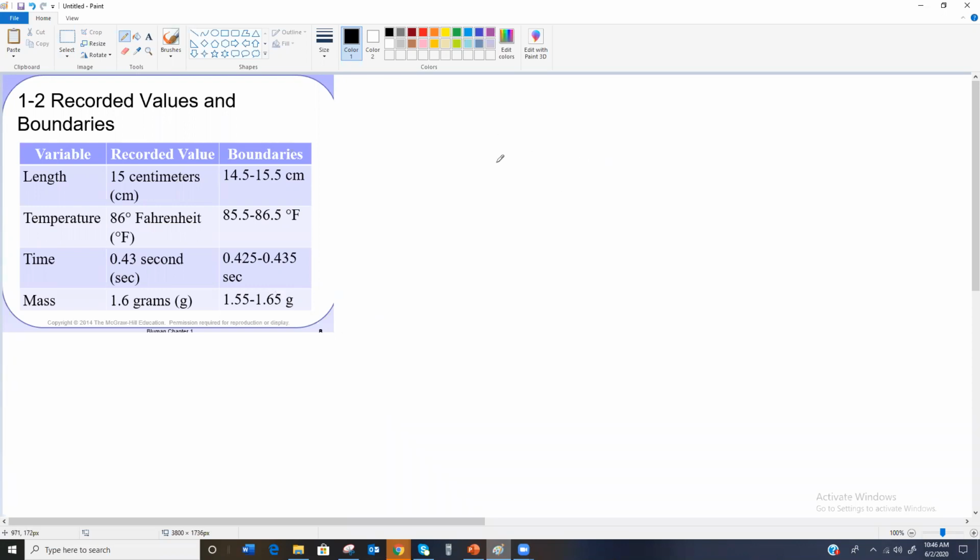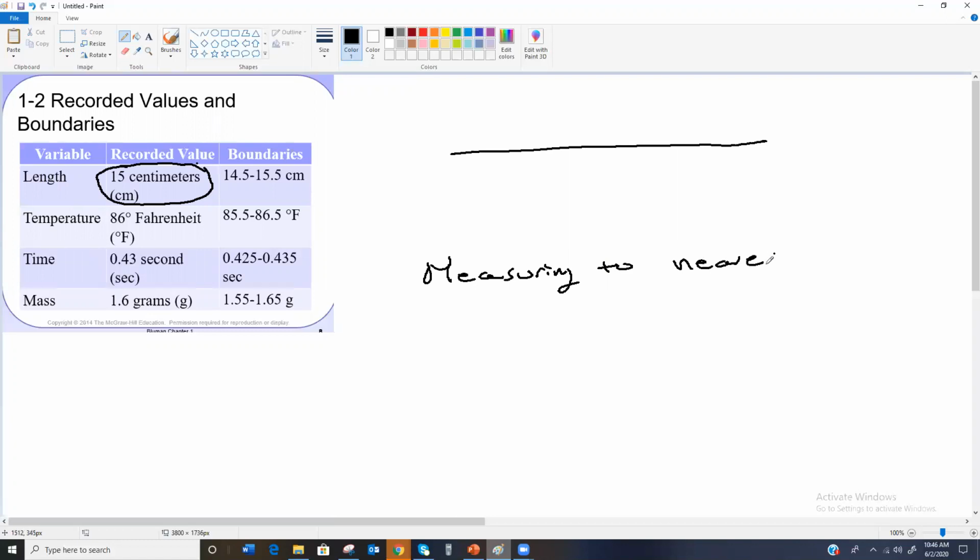If you were measuring something, and you decided you're going to measure to the nearest centimeter, and you take your measuring stick or your tape measure or whatever you're measuring with, and you measure something, and you write down for that item 15 centimeters.